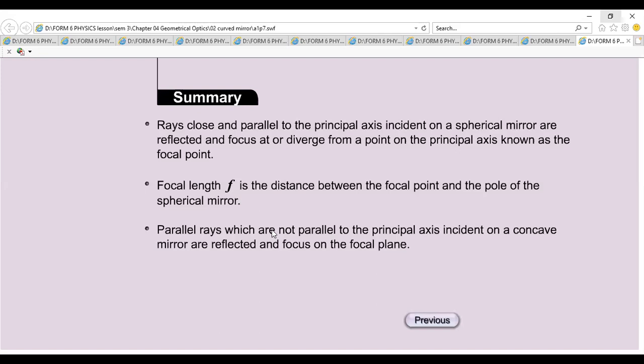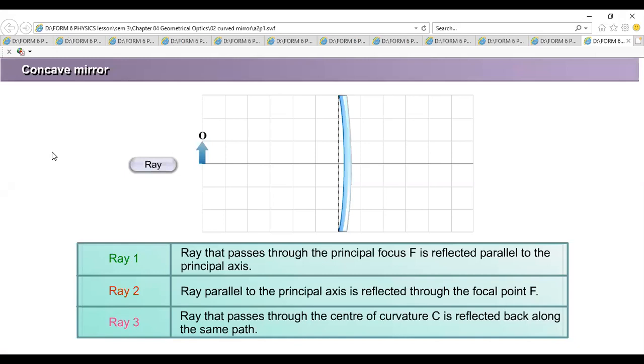Rays which are not parallel to the principal axis incident on a concave mirror are reflected and focused on a focal plane. Let's look at the concave mirror.